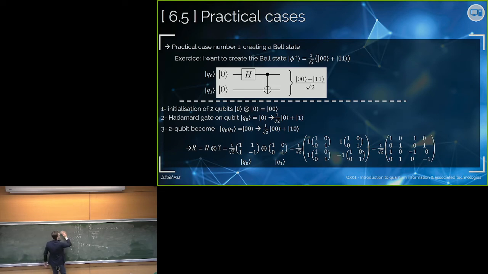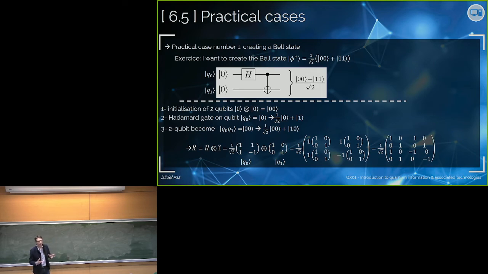All right. So I start off with 2 qubits, Q0, Q1. And what I do is I initialize them to the state 0. This is, by the way, something very important. Later on, I will give you what is called the DiVincenzo criteria.